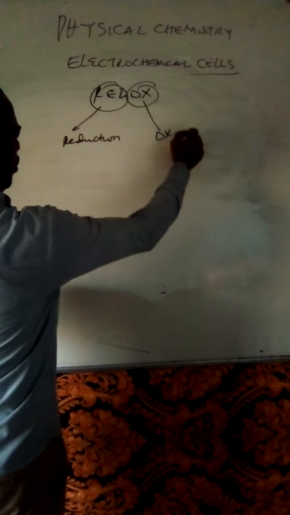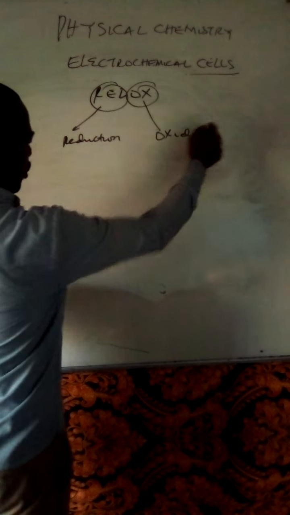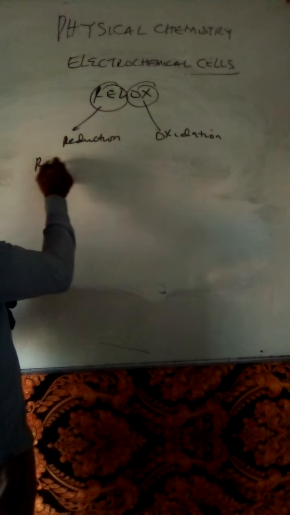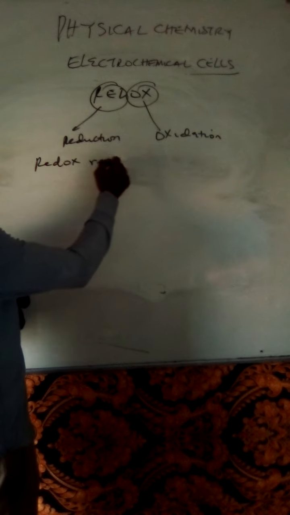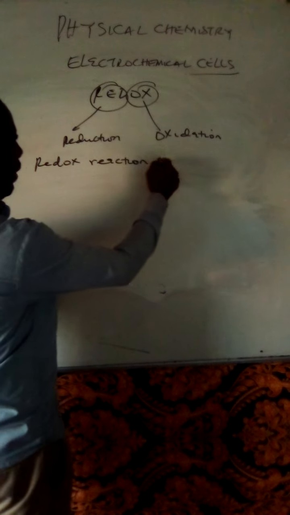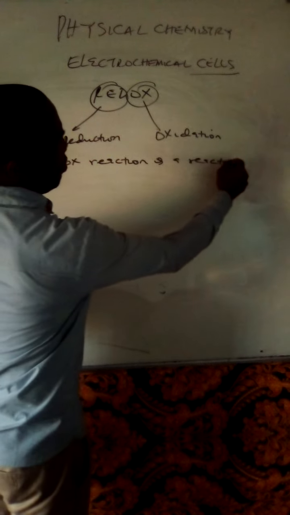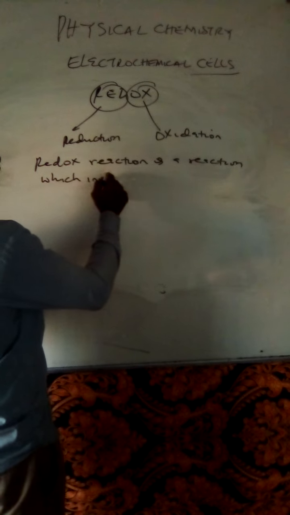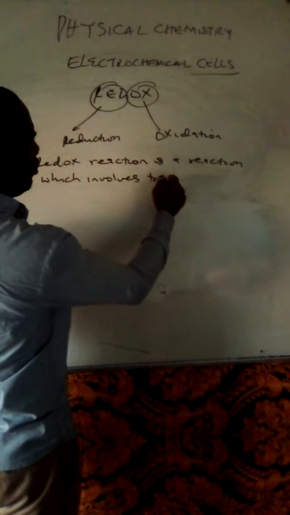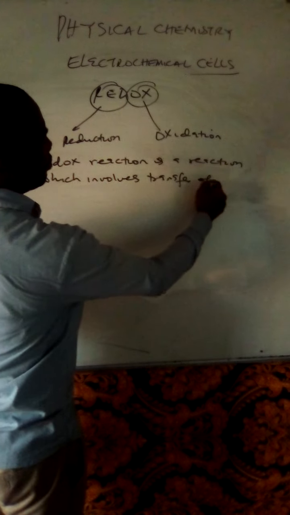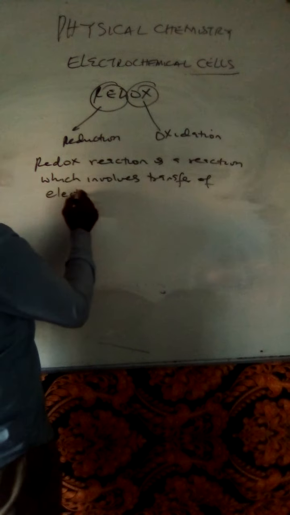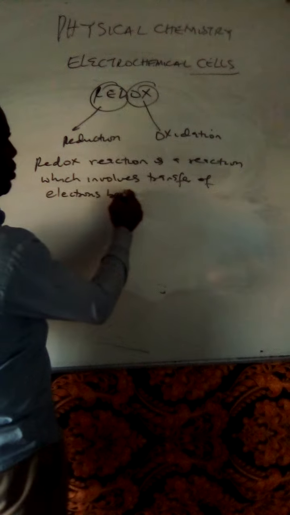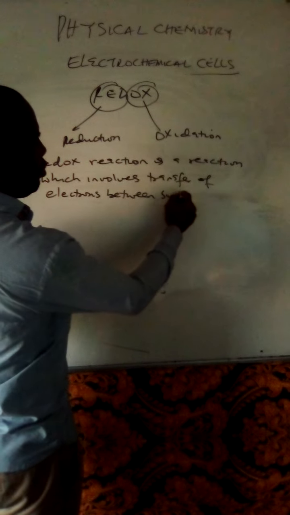So it means reduction-oxidation reaction, abbreviated as redox. So by definition, we say a redox reaction is a reaction which involves transfer of electrons between substances. So that is redox reaction.